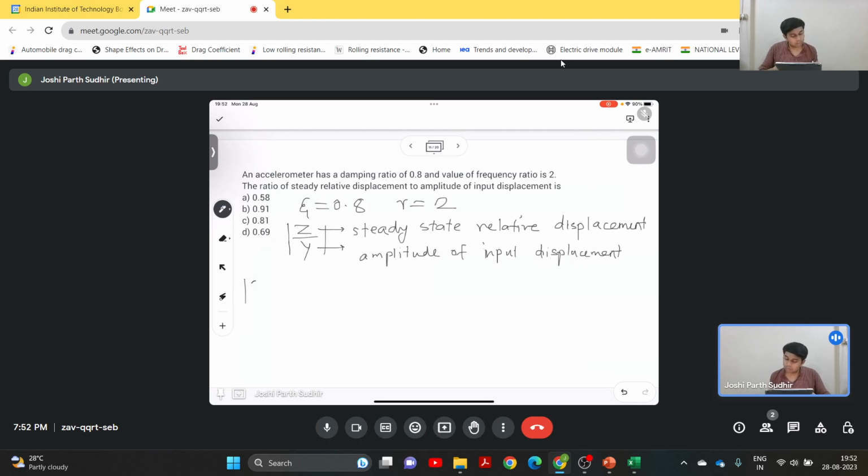So the ratio of Z by Y is given by R square upon square root of 1 minus R square the whole square plus 2 zeta R whole square.